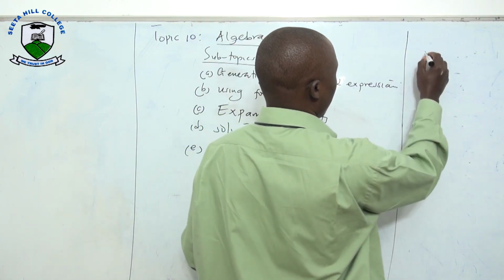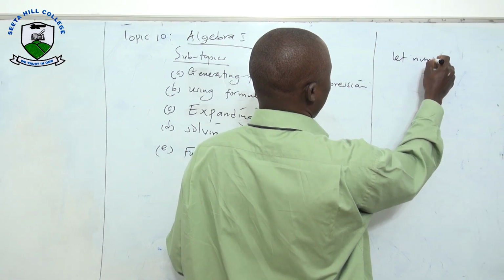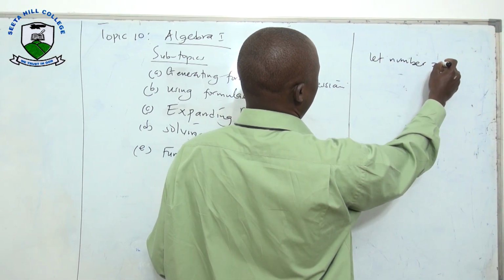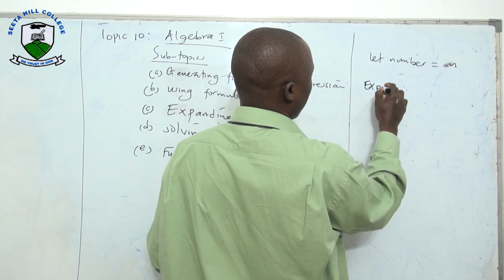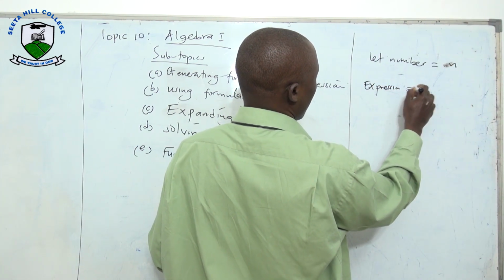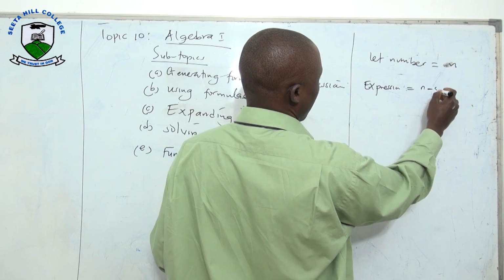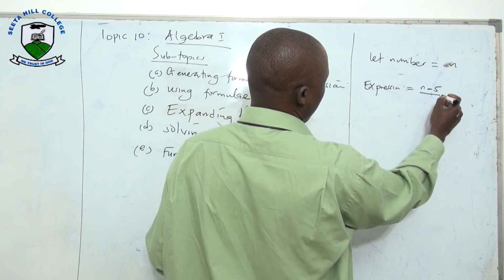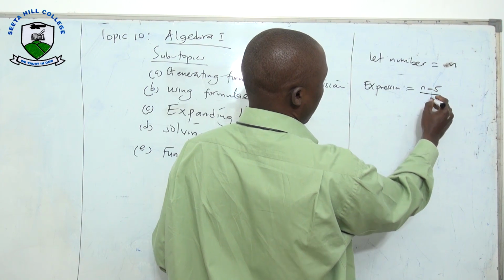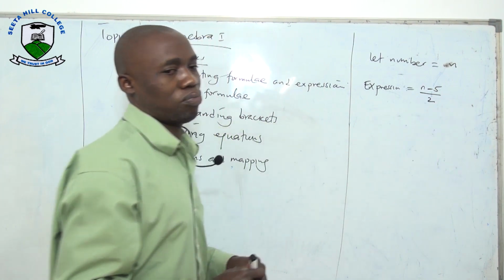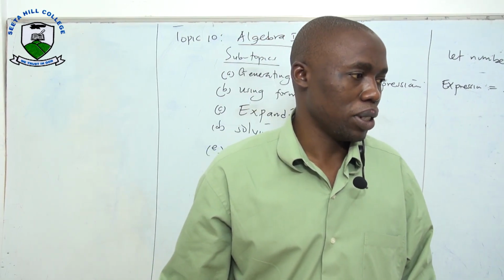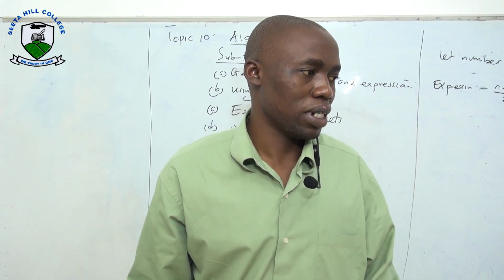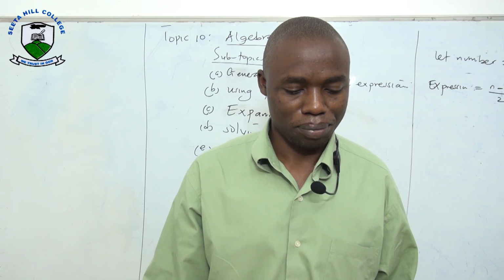Then the expression would be n minus 5, divide the result by 2. Let me give this other one. I think you capture that down.